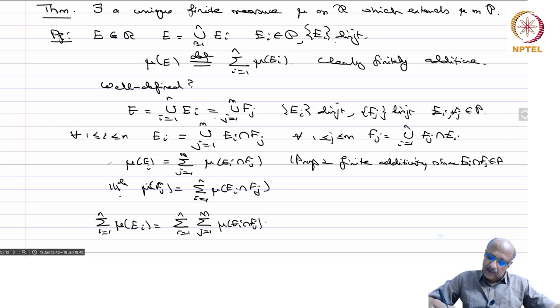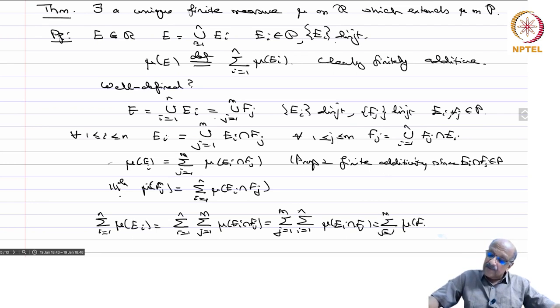This is a finite sum, and therefore I can write sigma j equals 1 to m sigma i equals 1 to n of mu of Ei intersection Fj, and this is equal to sigma j equals 1 to m of mu of Fj. And therefore whether you define it as sigma mu of Ei or sigma mu of Fj, it doesn't matter, the answer is the same.